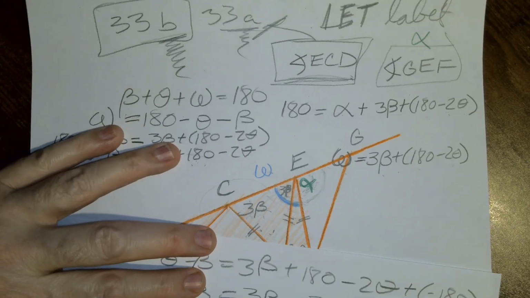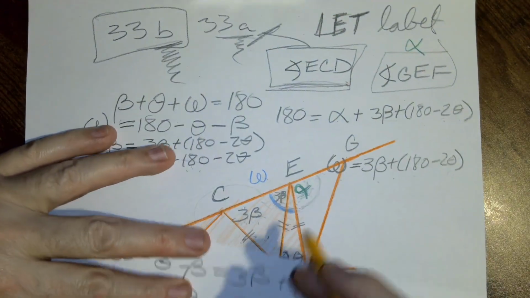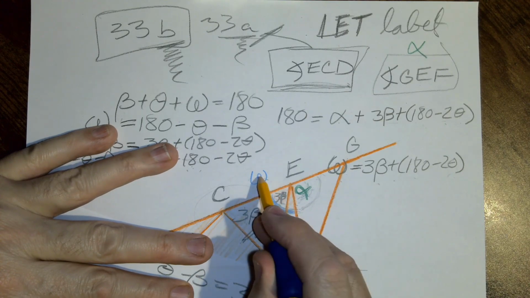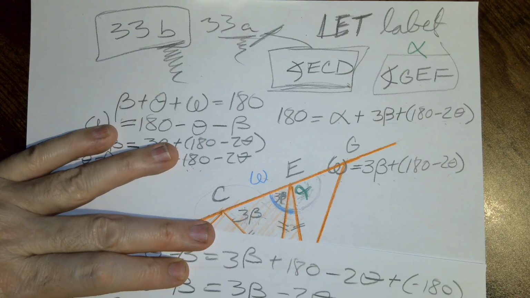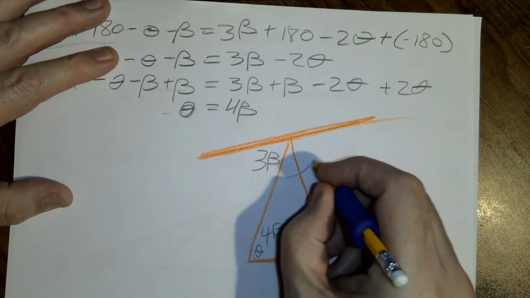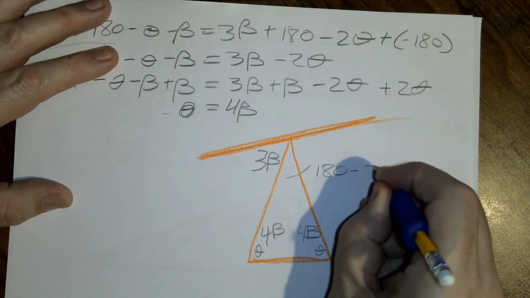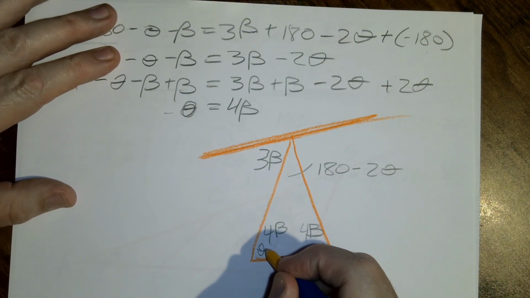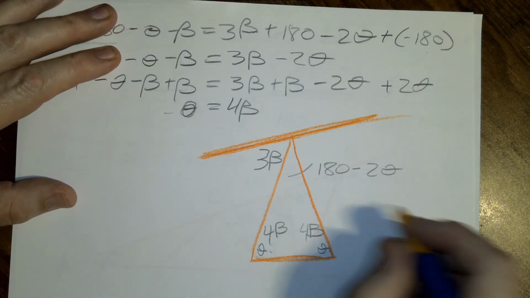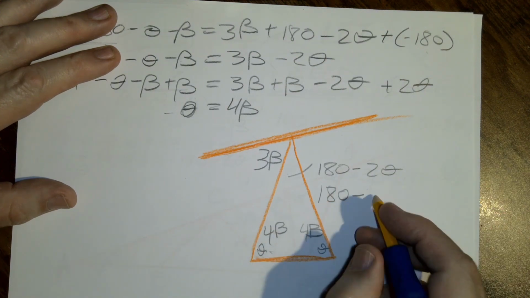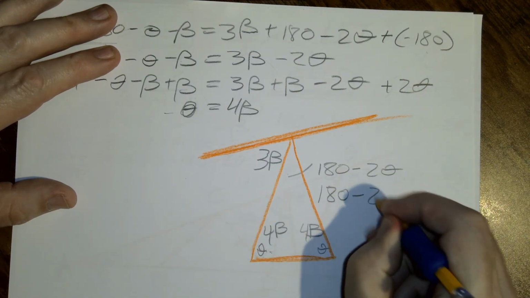You recall from here, isosceles trigon here, 3 beta and 3 beta. Remember, part of omega was 3 beta. And this angle here is 180 minus 2 theta, right? But we know that theta is 4 beta. So this is 180 minus 2 times theta, which is 2 times 4 beta, which is 8 beta.